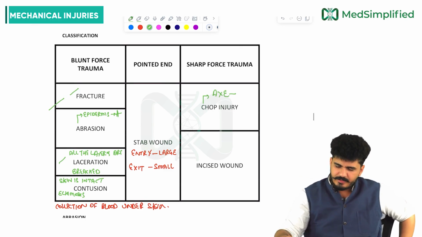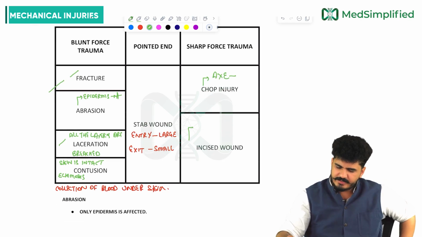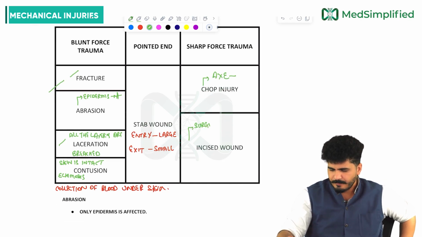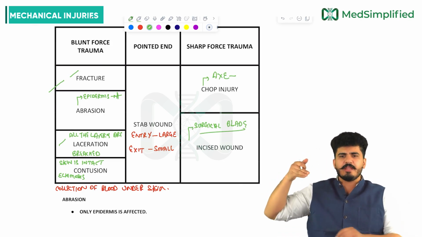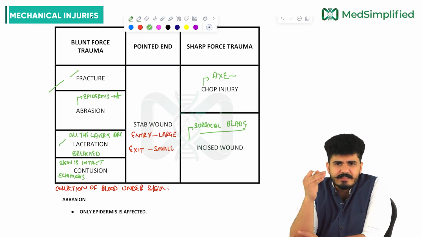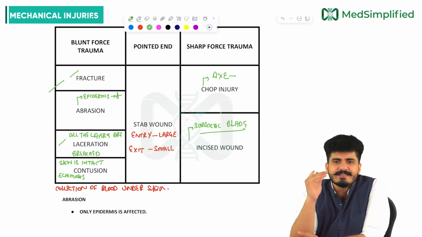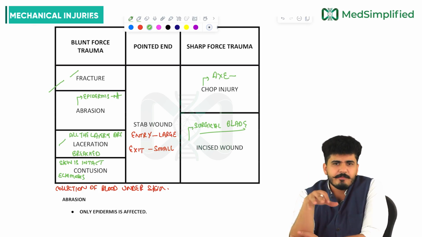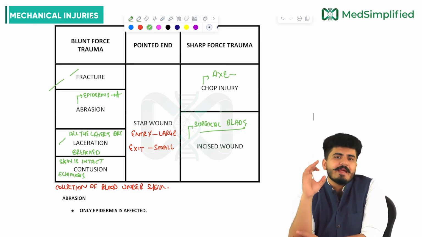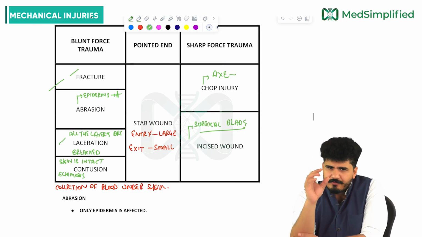Then the incised wound, which you will see with a surgical blade. When you give an incision onto the skin, you will see an incised wound. So these are the types of forces and the types of injuries you get from each type of force.